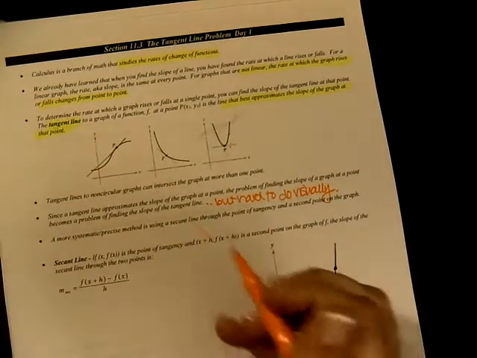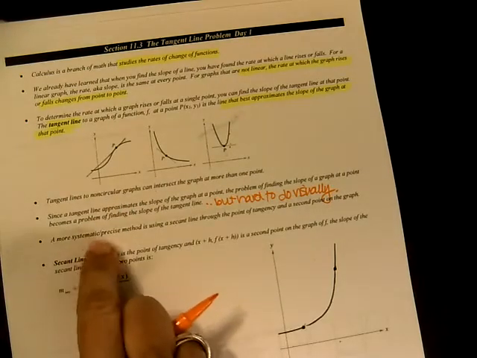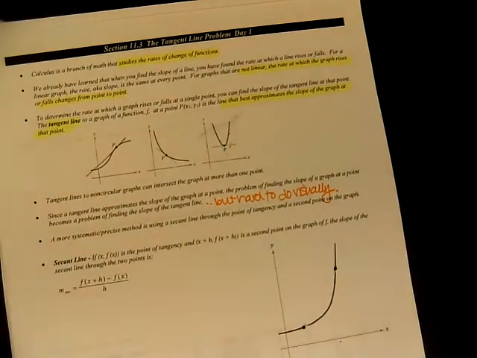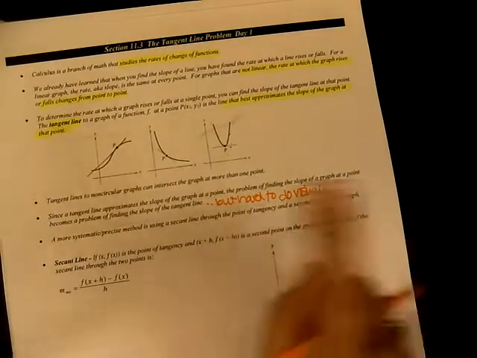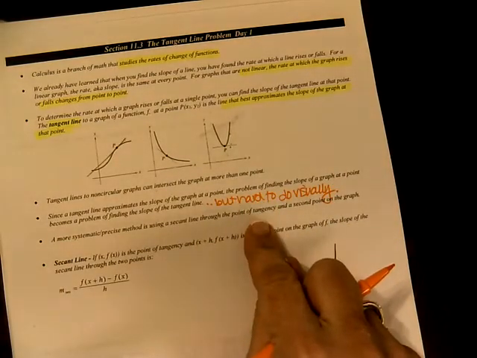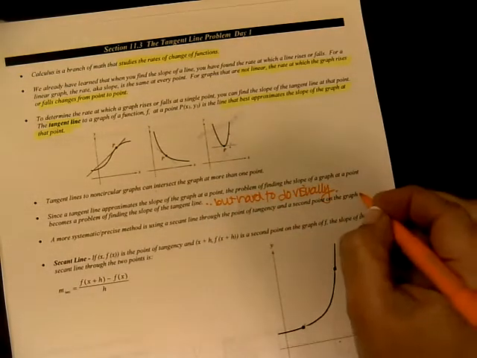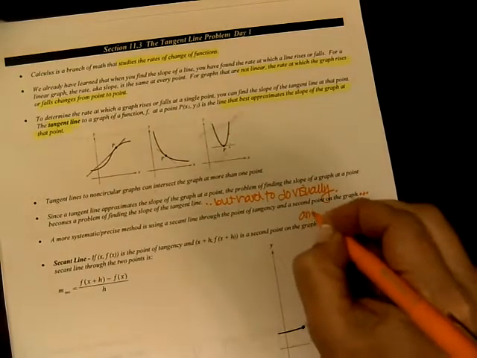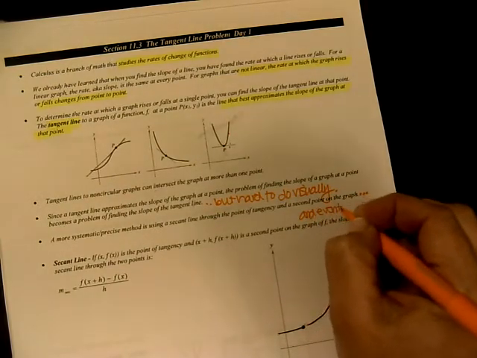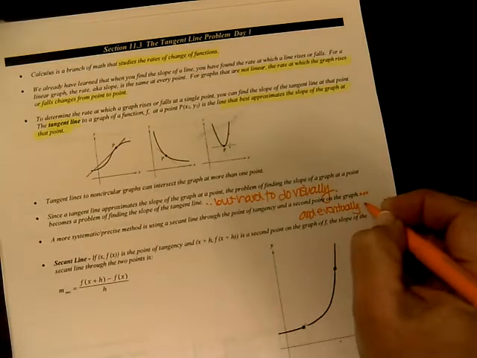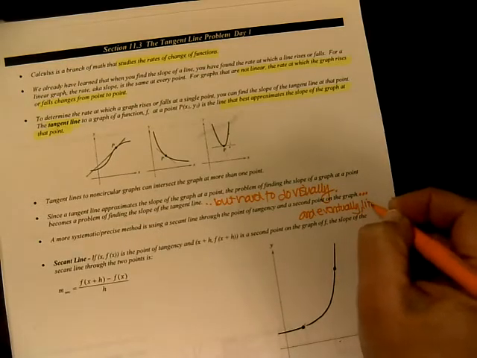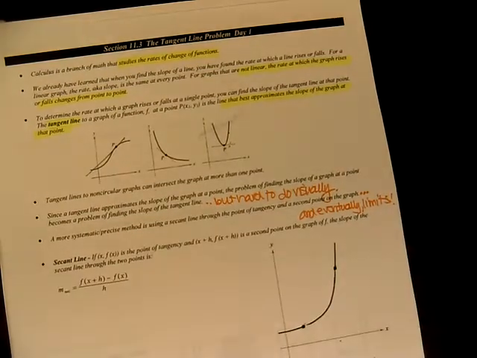Because it's hard to do visually, a more systematic or precise method is using a secant line through the point of tangency and a second point on the graph. And then eventually, we're going to put the limit process into this also, okay?